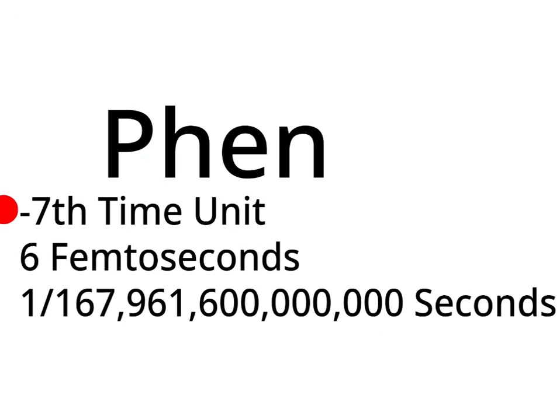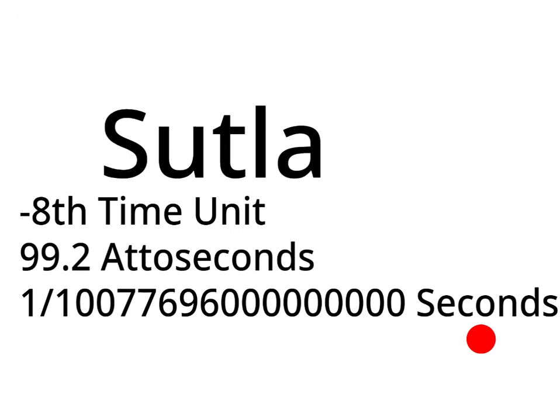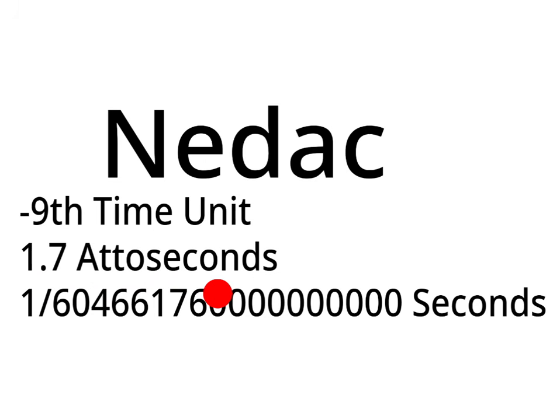We have a fen, which is the negative seventh time unit, 6 femtoseconds, and 1,167,961,600,000,000th of a second. For some reason, I decided to remove the commas here, so this is just too hard to read out. This is a sutla, the negative eighth time unit, 99.2 attoseconds.